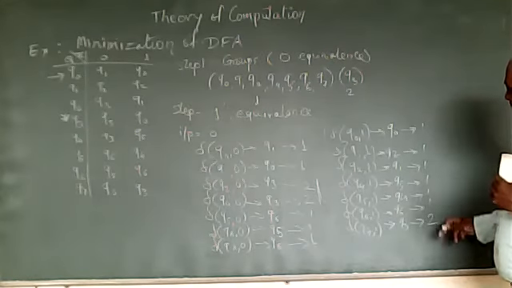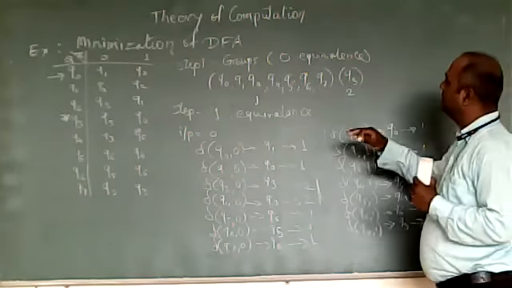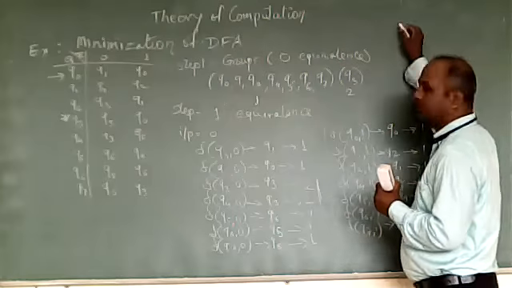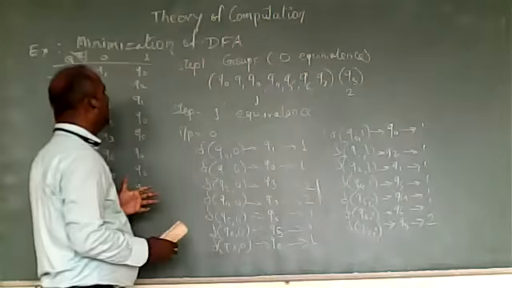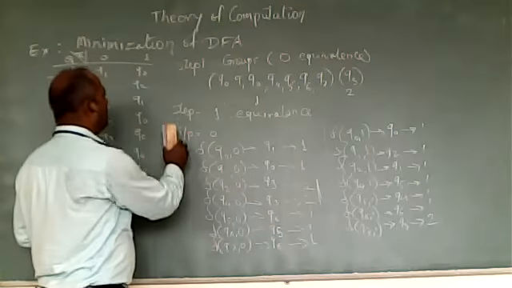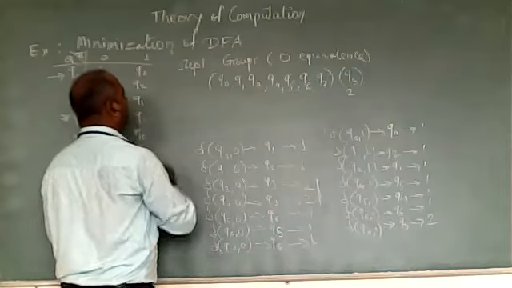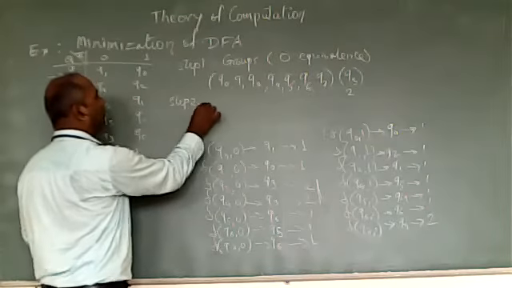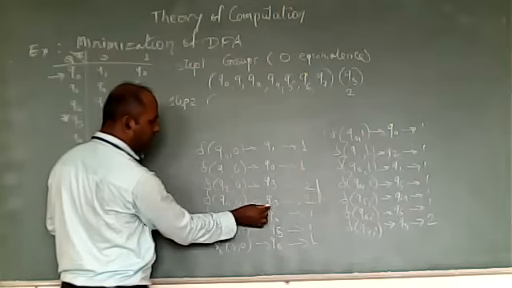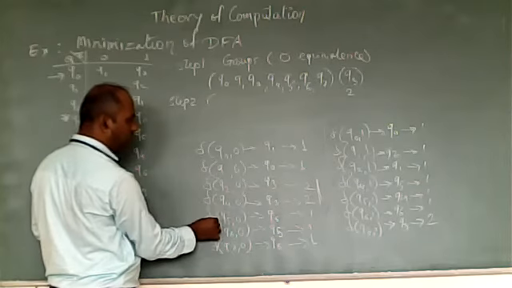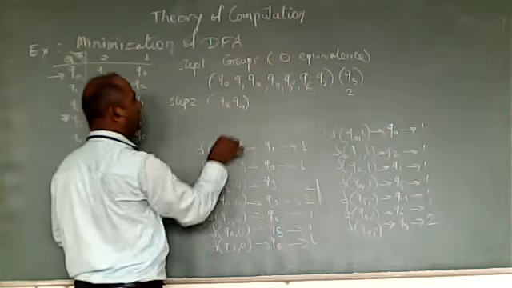So now we can separate them. In step 2, with the help of the input 0, we can separate this whole group: we make Q2 and Q4 separate.